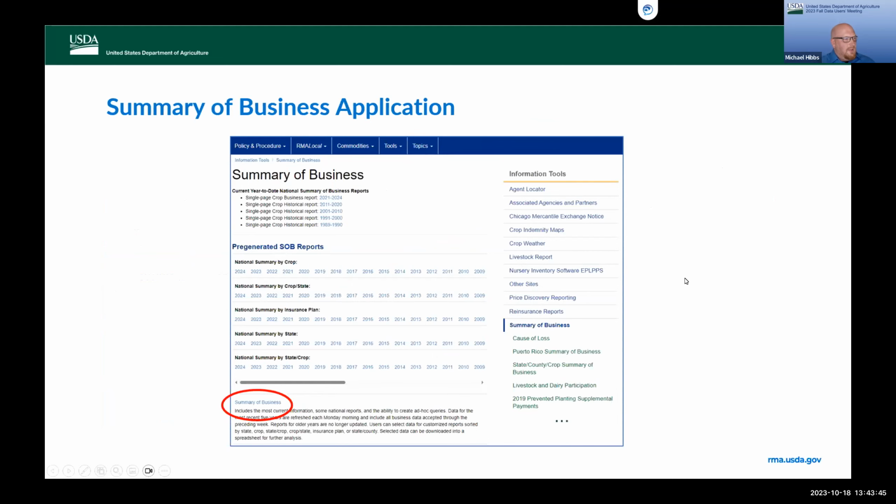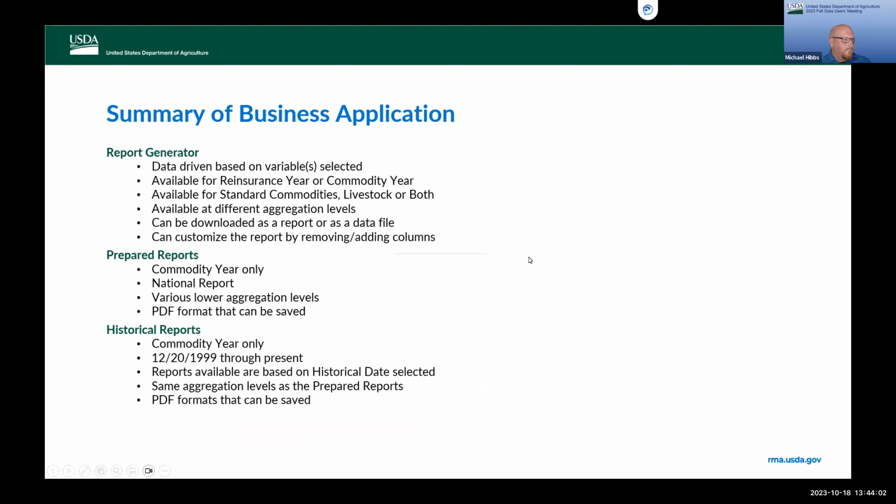So back to the same landing page where we found the pre-generated, just one-click reports and also the data files. I have circled summary of business, and this is a link that's going to take you to the actual summary of business application itself. So a little bit about the summary of business application. It does have three main parts to it.